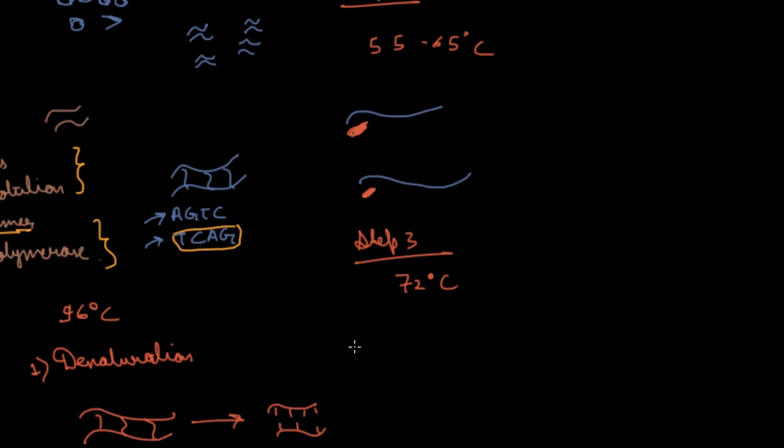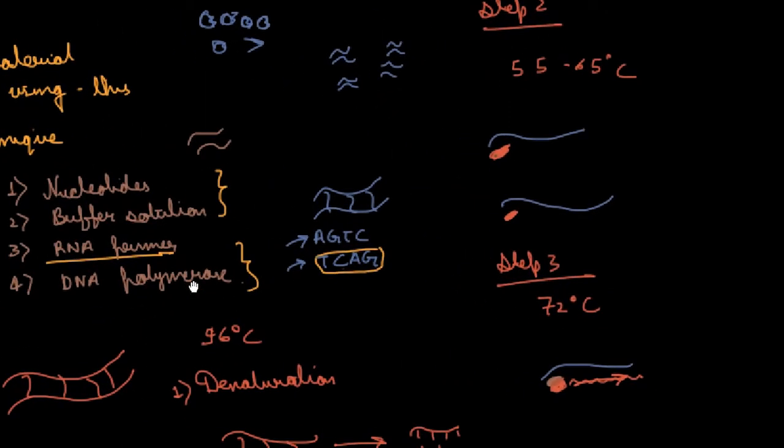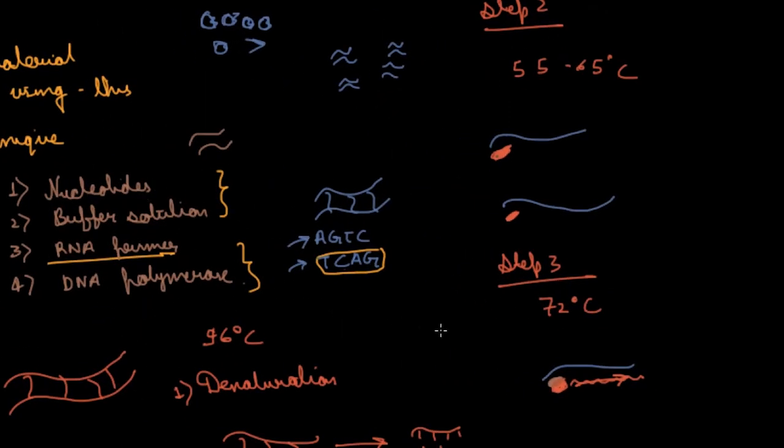Here we had this RNA primer, and now we have DNA polymerase which has bound to this part, and this will extend this single-stranded part further. In order to extend this part, we also require nucleotides. As I said, nucleotides are obviously required. So I think it makes sense why we require nucleotides, buffer solution, RNA primer and also DNA polymerase.